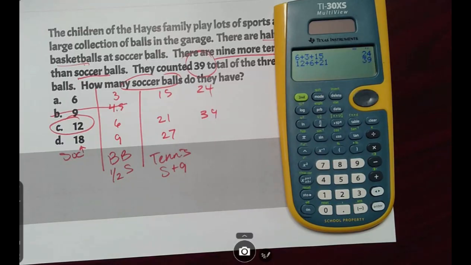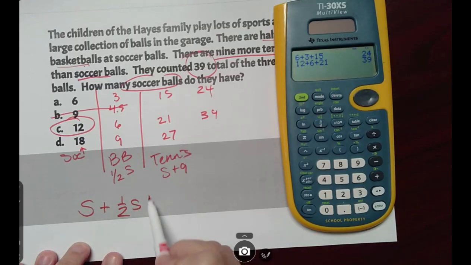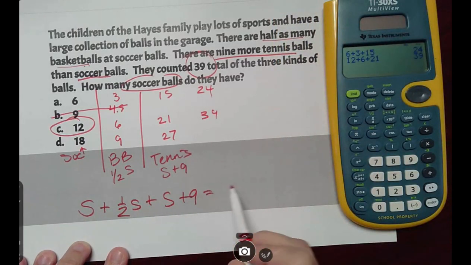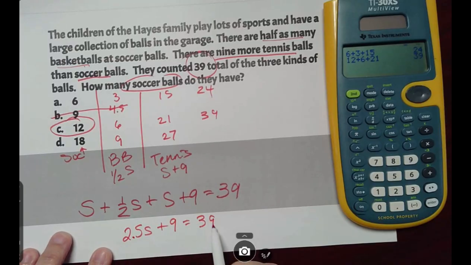If you had to write an equation, soccer balls plus half soccer plus 9 tennis balls would have to equal 39. And if we solve that equation, this is 1, 2.5, I'm going to use 2.5 soccer plus 9 equals 39.